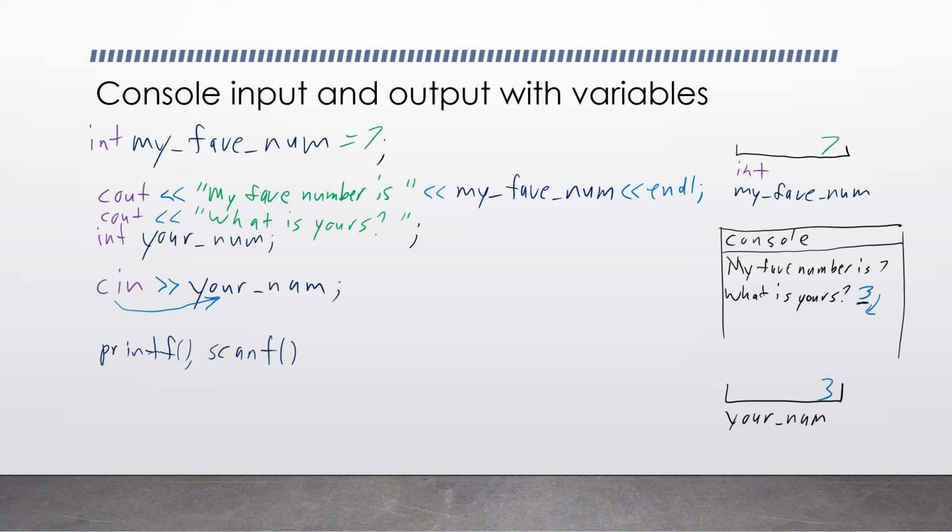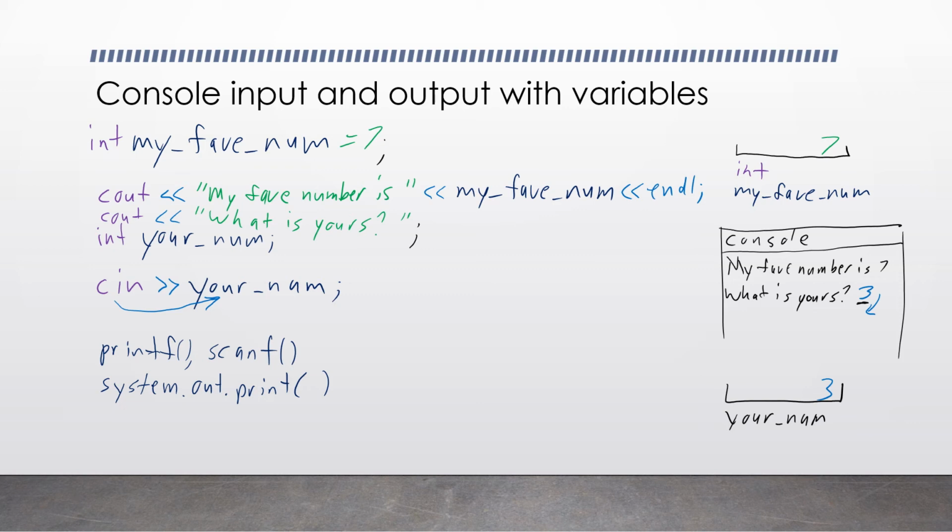In Java, you use system.out.print, and then you fill in between the parentheses what it is exactly that you want to print.